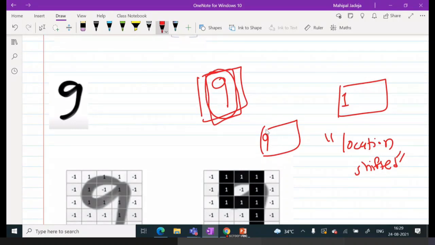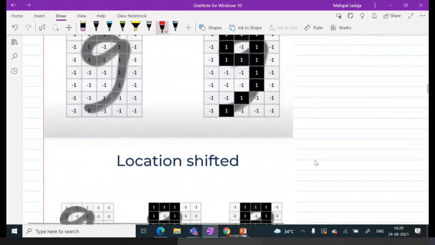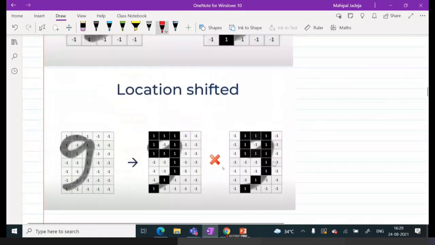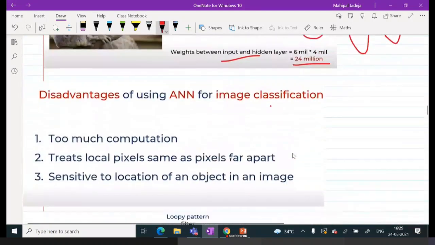But now you are putting your main content on the left side of your image, so this change won't be handled properly by your artificial neural network. So that is one more issue.